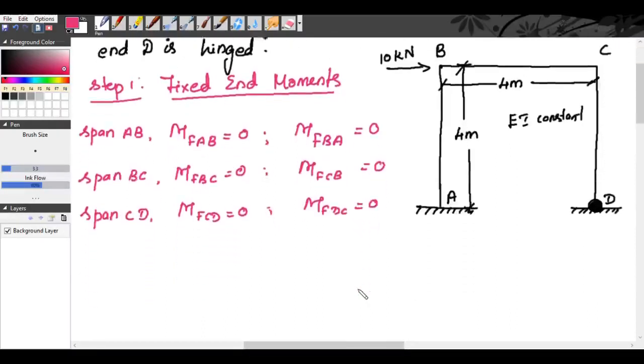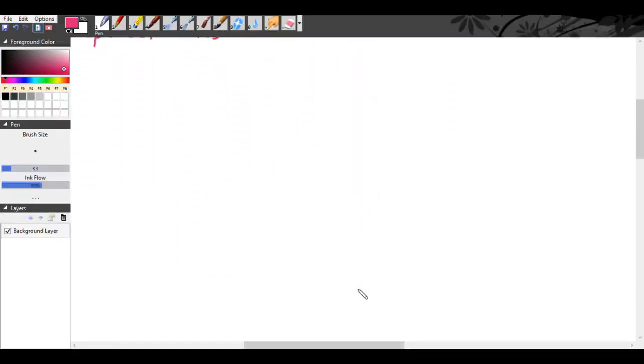Now we will move on to our second step. We will write the slope deflection equations.